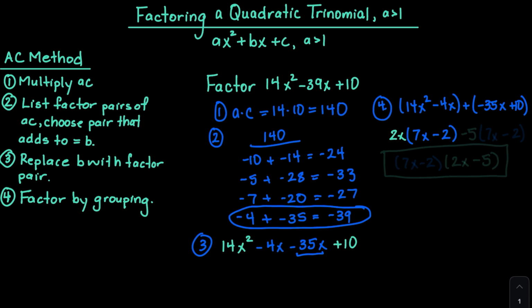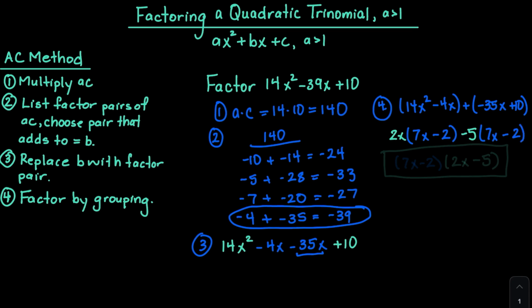GCF between negative 35x and 10 is negative 5. Remember, if that first term in the second grouping is negative, you always want to factor that negative out. Negative 35x divided by negative 5 is 7x, and 10 divided by negative 5 is negative 2.